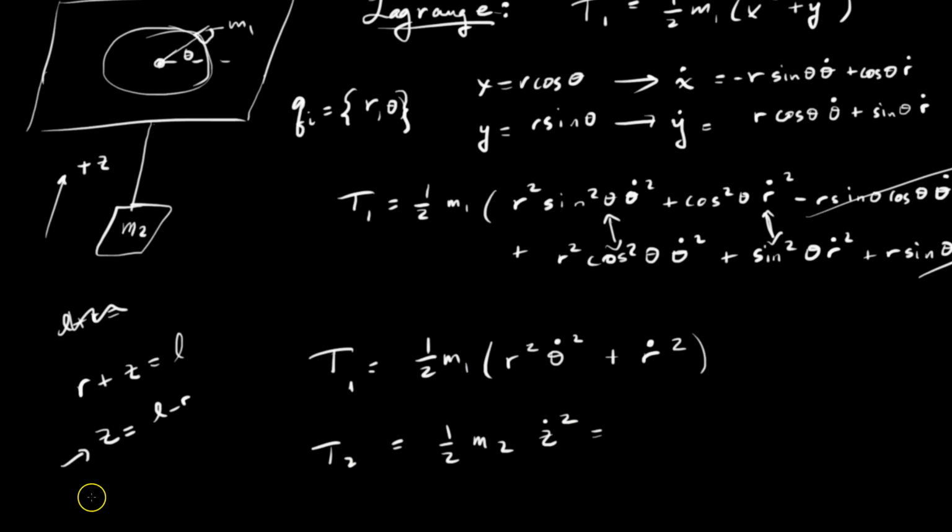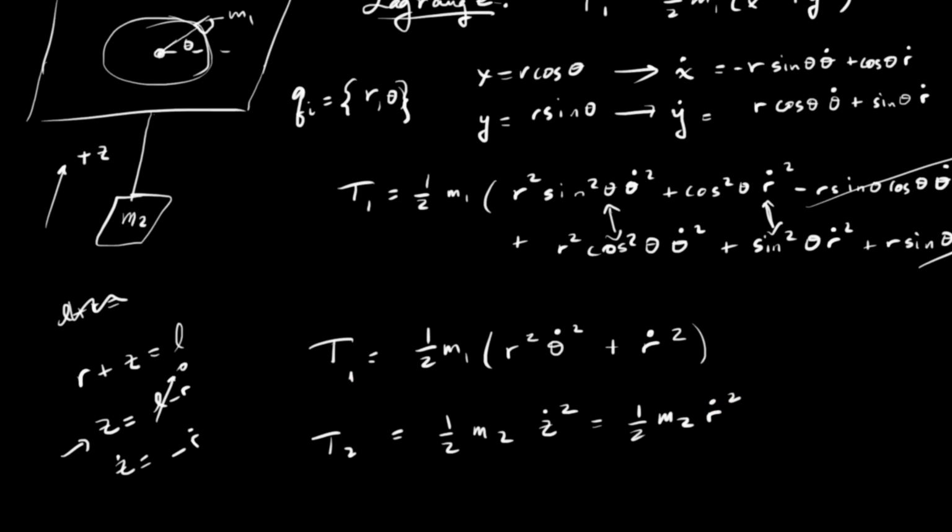So it's just 1/2. Oh, and then we take the, I lied. We just take the first derivative. It's going to be negative R dot. Okay, so we plug that in, 1/2 m2 z dot, z dot is negative r dot, so that's just r dot squared. Okay, and now we're done.